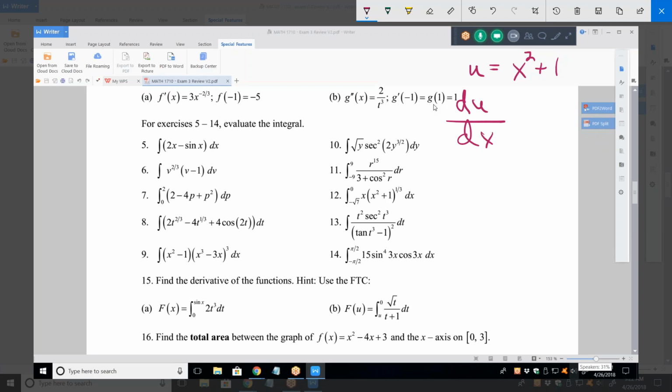Understand what you're taking. You're taking the derivative of the function u with respect to x. Okay, and what is that again? 2x. Keep going. What's the next step? And then it's du equals 2x dx.